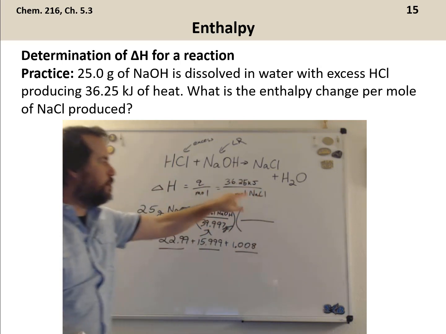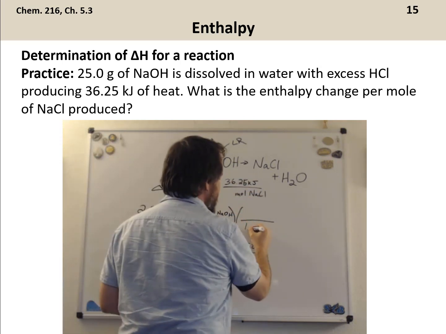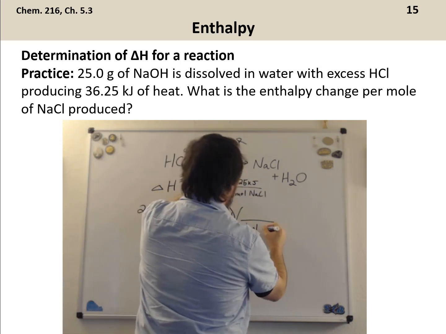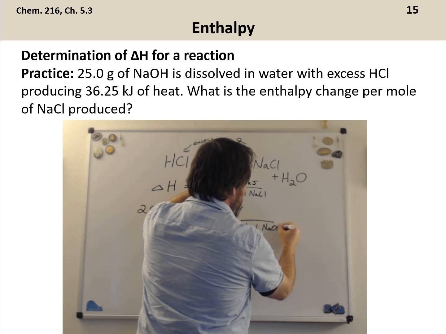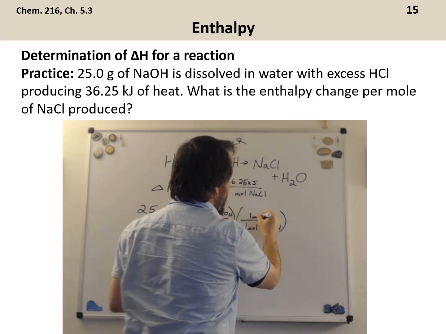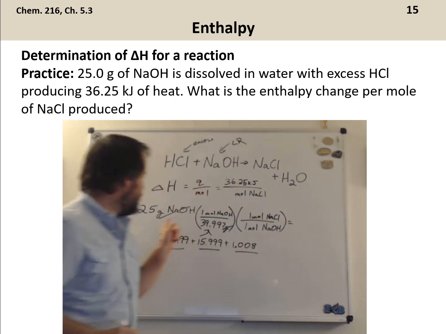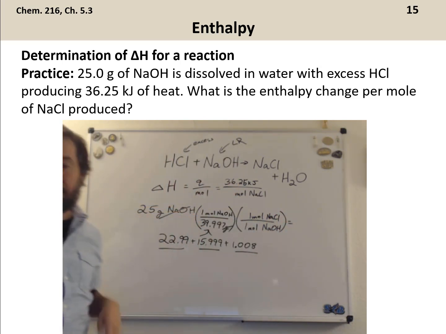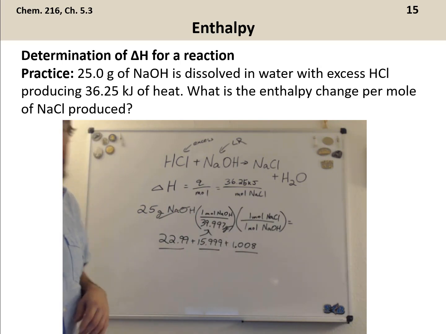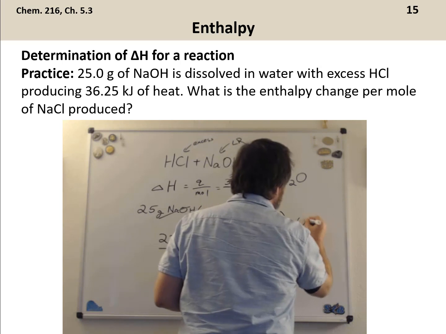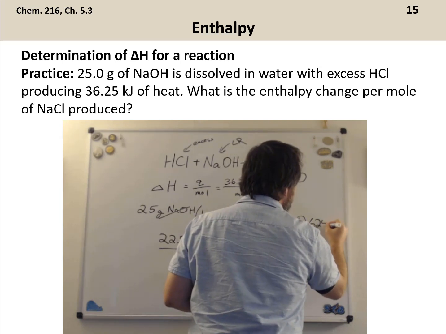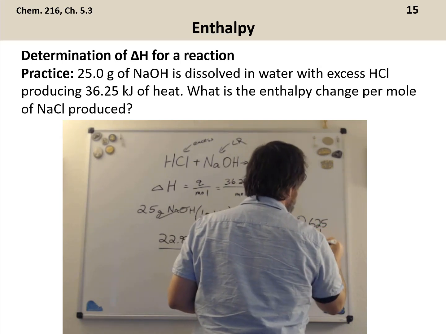Now, I want to know moles NaCl, so I can just say for every 1 mole NaOH, I get 1 mole NaCl. And that's going to get me 25 divided by 39.997. That's going to get me 0.625 moles NaCl.